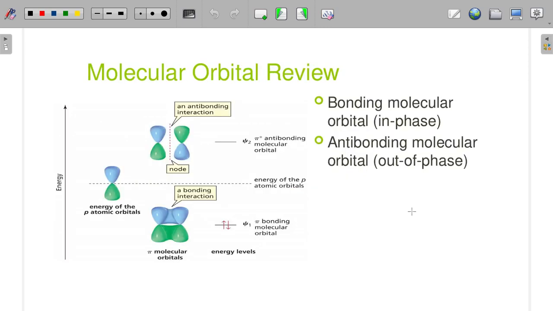So doing a little bit of review here, we have right there what happens with pi bonds and how they're made with regard to just ethylene. So two p orbitals overlapping to form that pi bond.